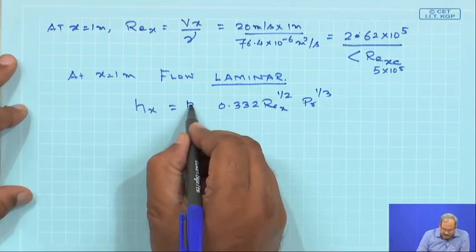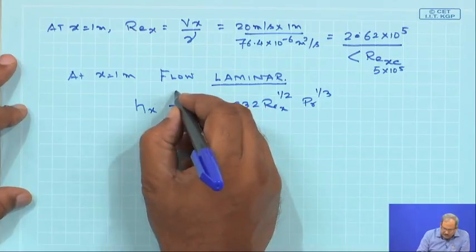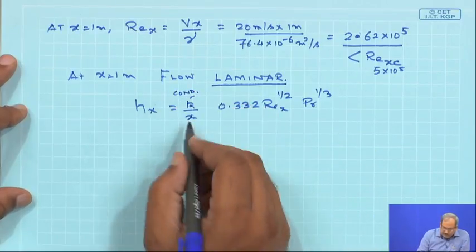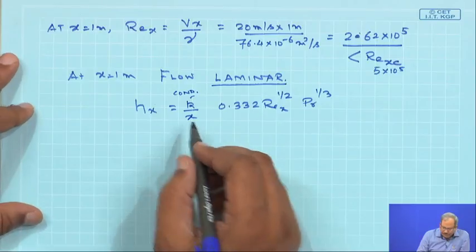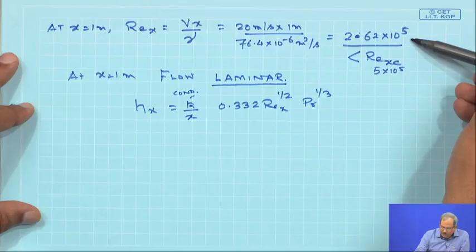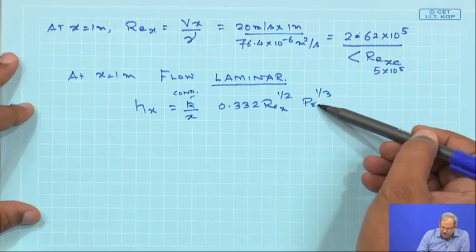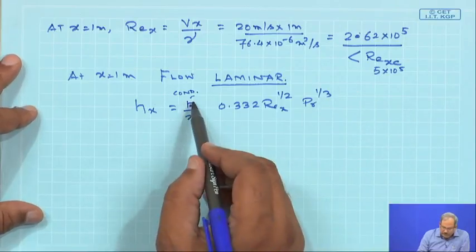So, there is going to be k by x, where k is the thermal conductivity and this is the actual location. The Reynolds number you have already calculated to be 2.6 into 10 to the power 5. You know the value of Prandtl number to be equal to 0.702, and you know the value of k.